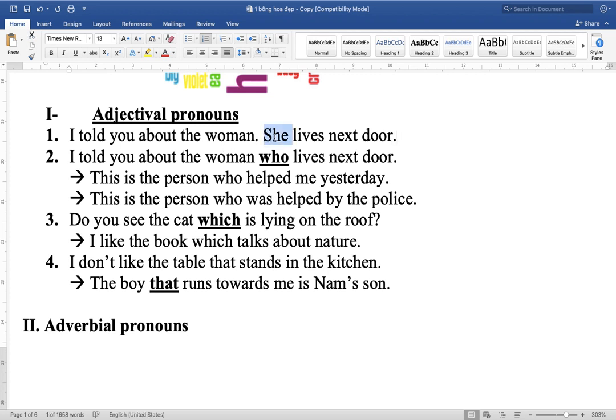So we can see the relationship between she and woman. Right. So the woman lives next door. So I told you about the woman who lives next door. Okay. So this is the relative clause, and this is the main clause.